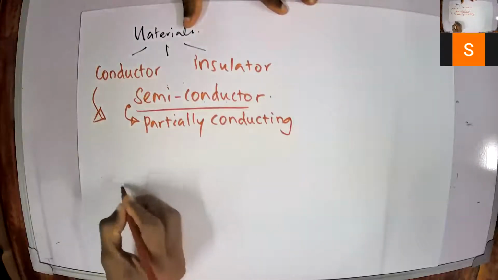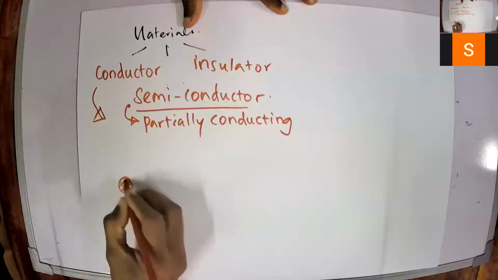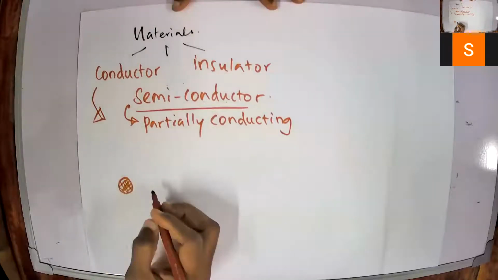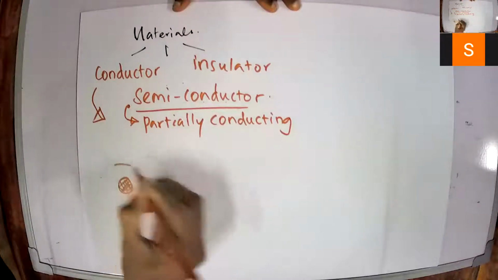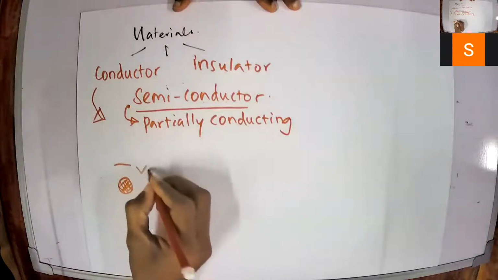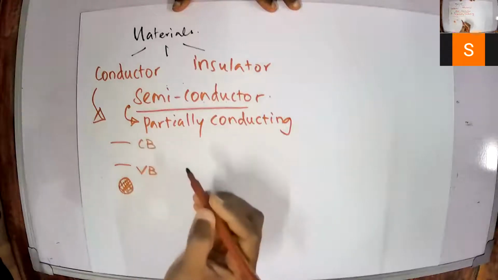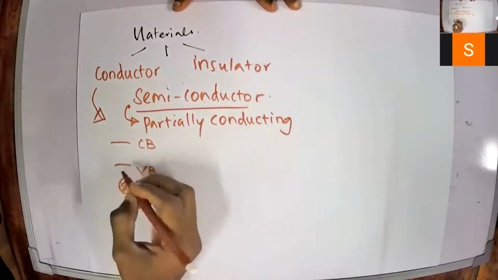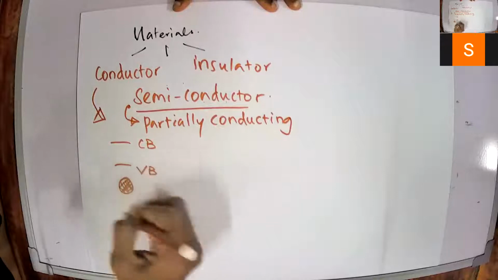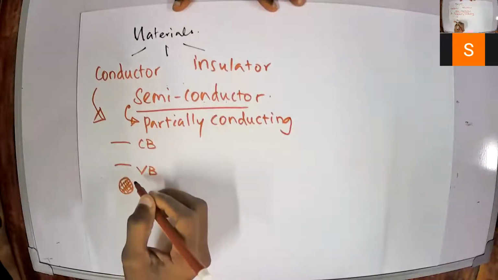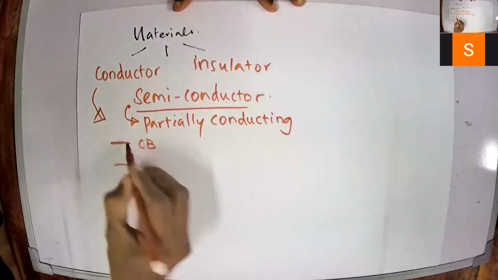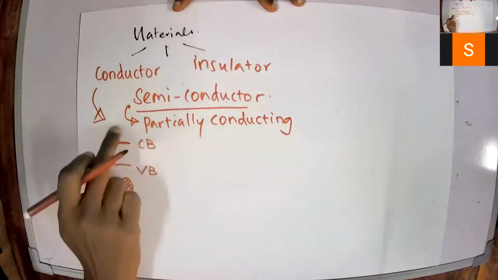So I'm just writing the basic O/L science. In an atom, we have valence band, and then we have conduction band. Valence band is the outermost orbit of the atom, and conduction band is where the charge carriers are free.